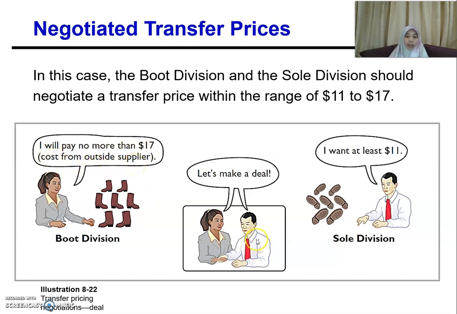So they will make a deal at any price between 11 and 17. Any price within that range will do. You negotiate maybe 15 ringgit or whatever price they are both happy with. That is called the negotiated transfer price.